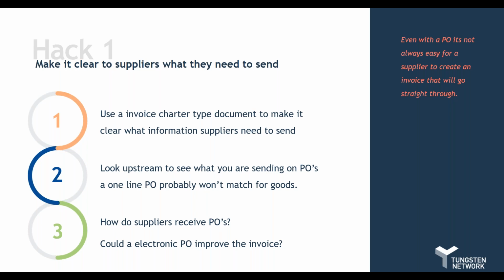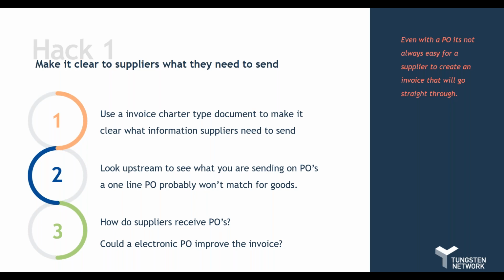If you're making it clear to the supplier on the purchase order what they need to send, and you're delivering it to them electronically, you're removing that paper process for a supplier to type a PO into their system. Remember, what you're doing from an AP perspective, getting an invoice into the system, the likelihood is a salesperson is basically trying to do the same thing, getting it into their system.